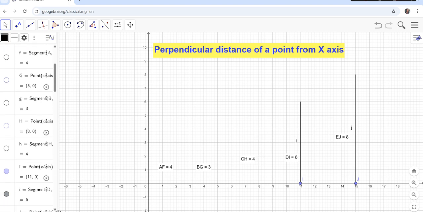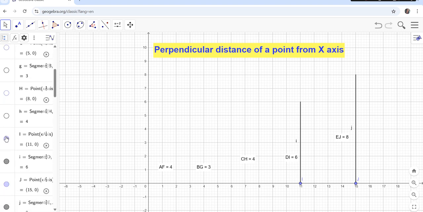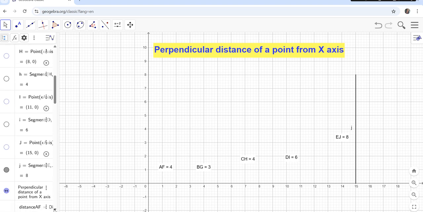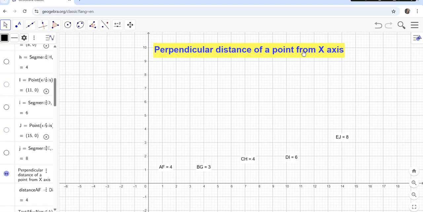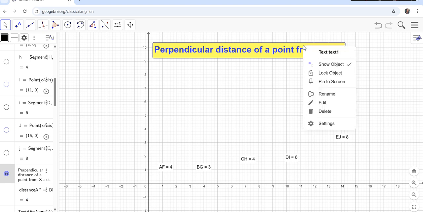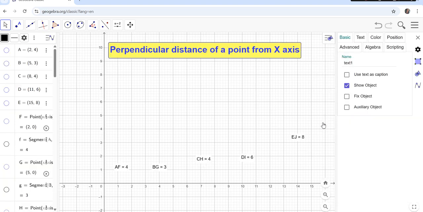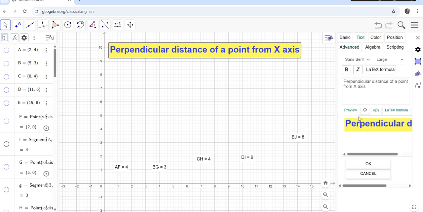Let me take some points in the first quadrant. So for this, firstly I need to remove these points. Yes. Now we'll discuss the perpendicular distance of a point from the y-axis. Okay, for this, let me mark some points.